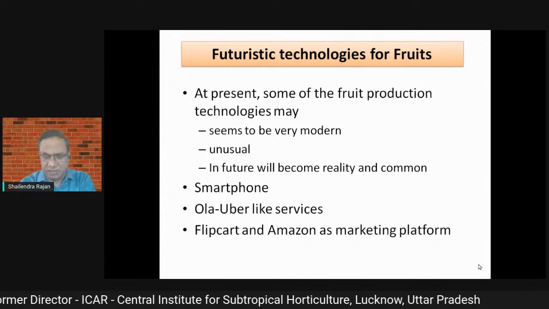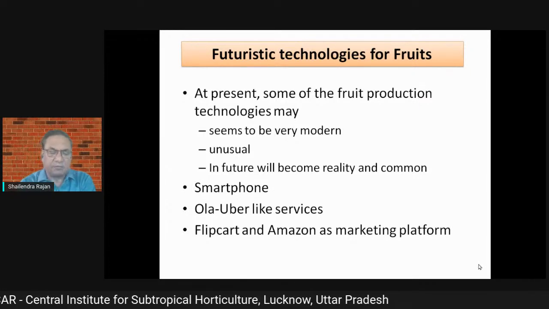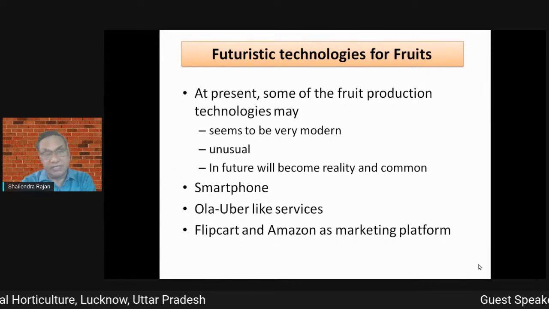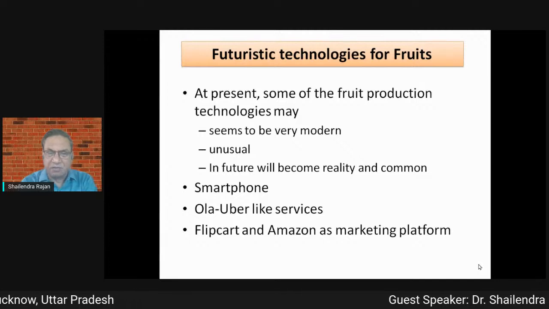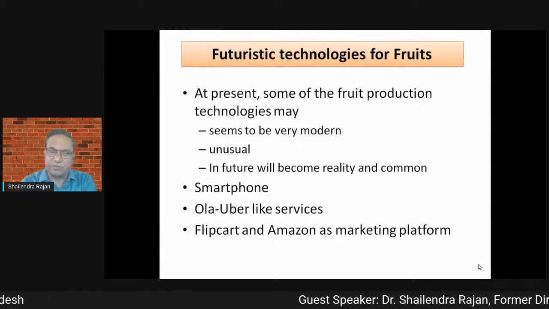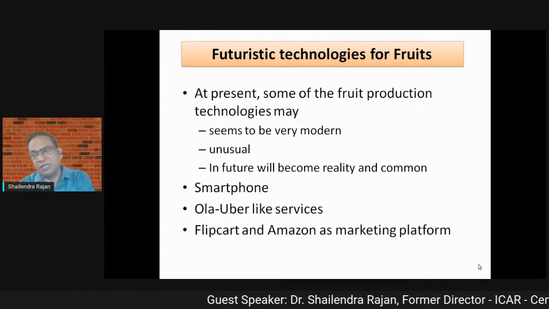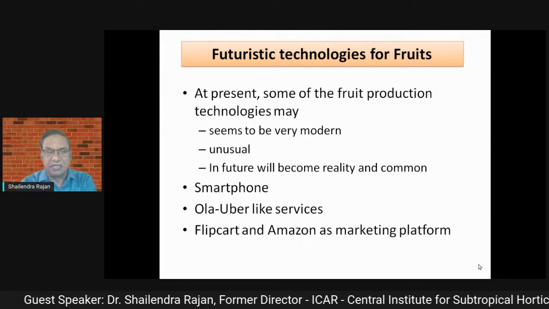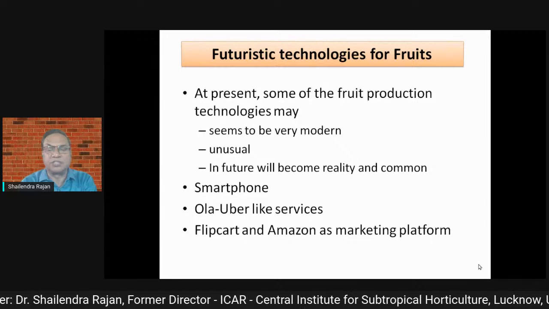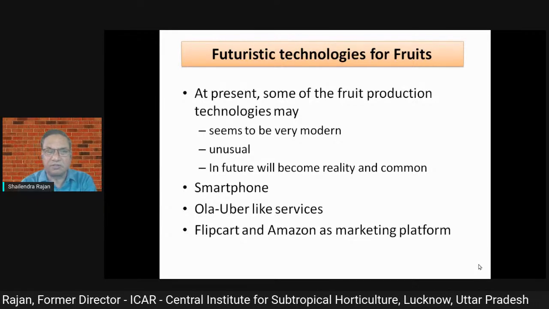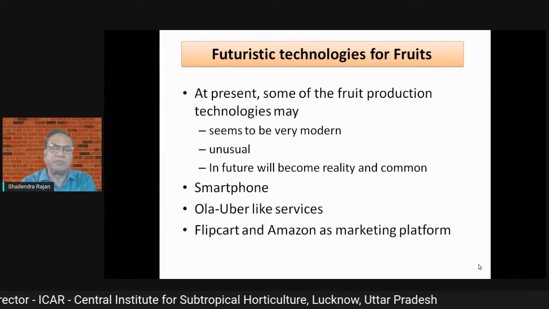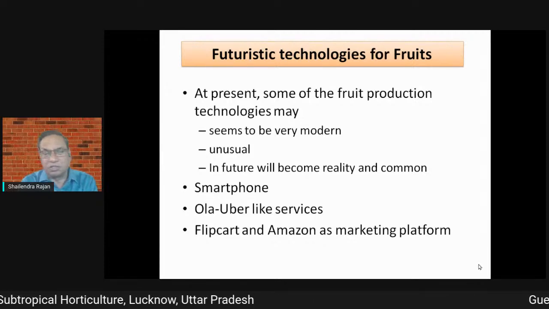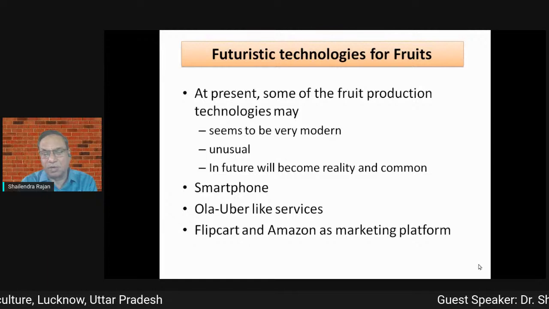They may not be applied under Indian conditions, but in future it may become a reality and become common, because as we all know, smartphones in the form they are today did not exist a decade back. Now smartphones are in orchard operations also, operating different types of drip irrigation systems and different automations.